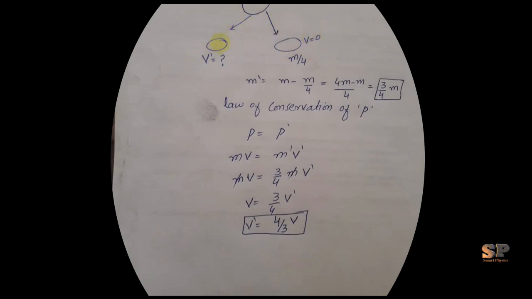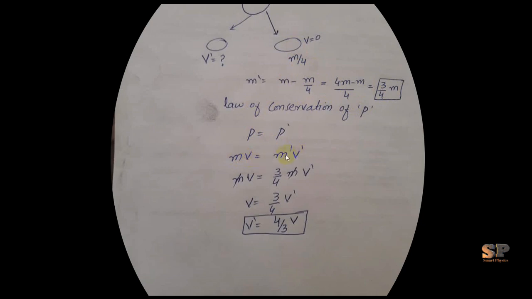First we have to find out the mass of this piece, and the mass of this piece will be equal to total mass minus mass of the other piece, and it will be equal to 3 over 4 m. Now according to the law of conservation of momentum, we know that momentum before collision is equal to momentum after collision, and this will be mv equal to m dash v dash.